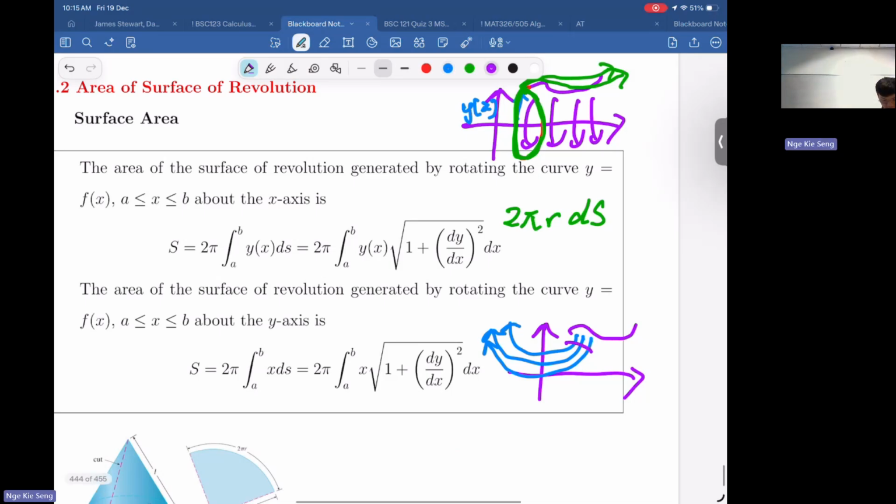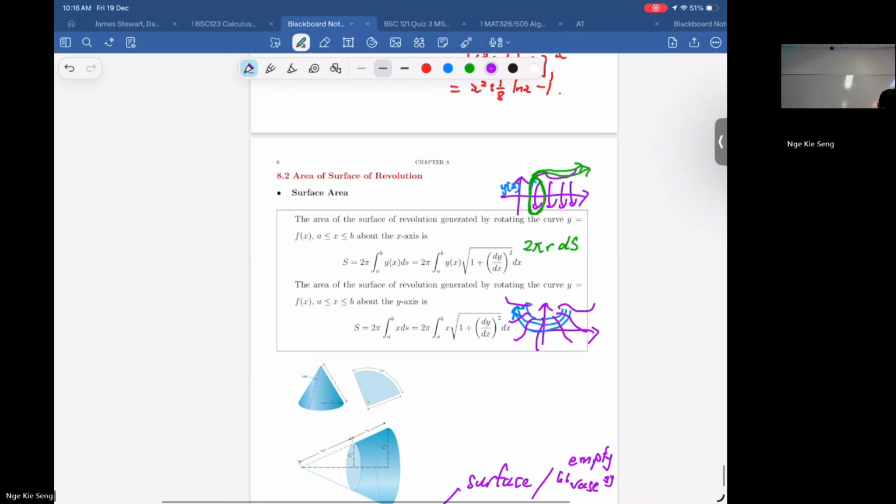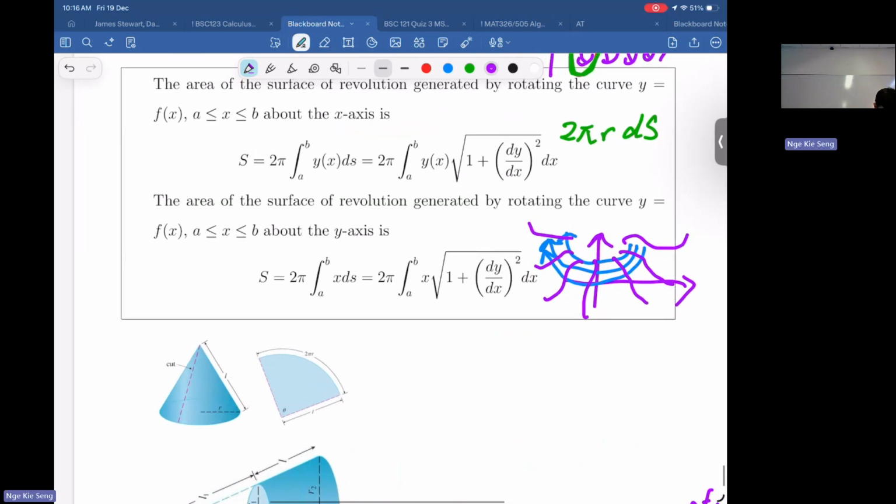So you can see that it's something like this.